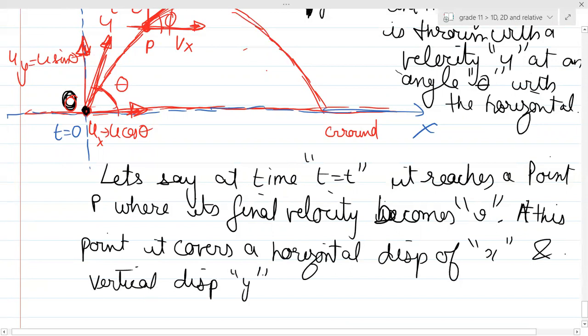So basically, what is the horizontal displacement and the vertical displacement I'm talking about? Can you see this distance? From here to here. Can you see the horizontal distance? This horizontal distance is x. And can you see this vertical distance from here to here? Okay. So just write this and we'll continue in the next class.